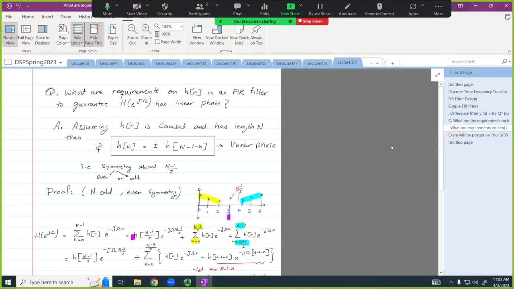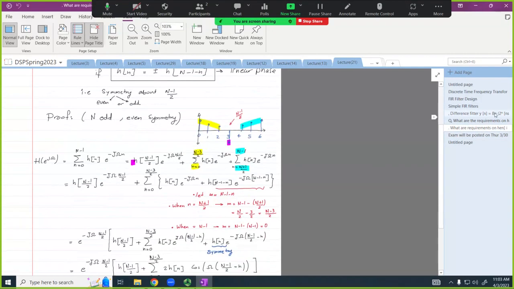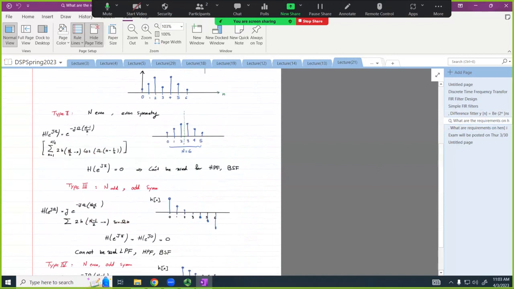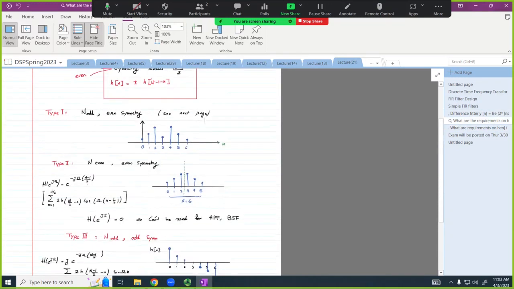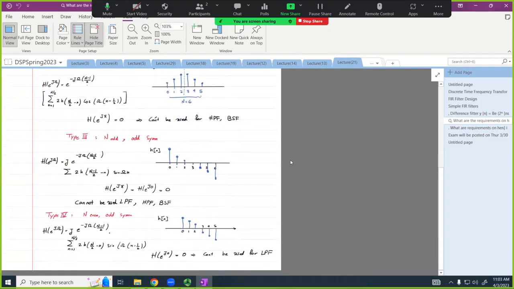We did not? We looked at 4 different symmetries. Oh, here. Yeah. We should have either even symmetry when the impulse response length is odd, even symmetry when it is even, odd symmetry when it is odd, odd symmetry when it is even.